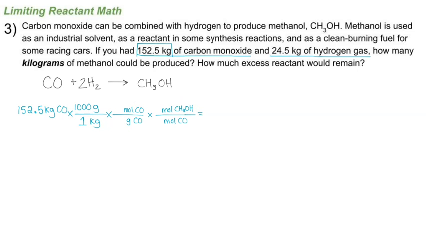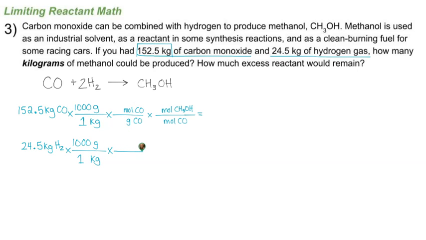Then I'll do the same thing for my hydrogen gas. So I'll start out with 24.5 kilograms of H2. And I'll start out by doing my kilograms on bottom and grams on top, so 1,000 grams in 1 kilogram.